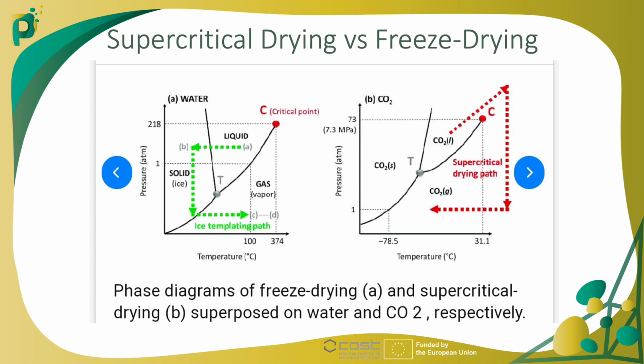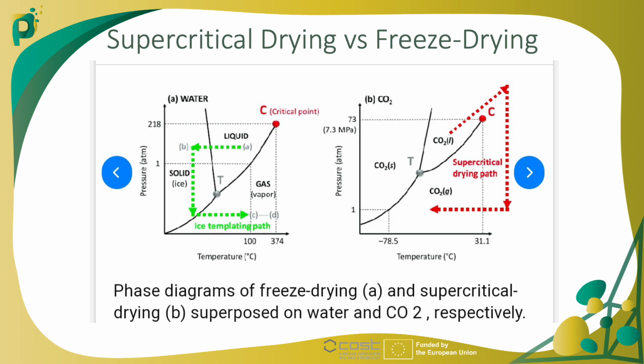As you see, the phase diagram of carbon dioxide and water visualizes the various phases, such as solid, liquid and gas phase, depending on pressure and temperature. The phase diagrams of freeze drying and supercritical drying are superposed on water and carbon dioxide, respectively.